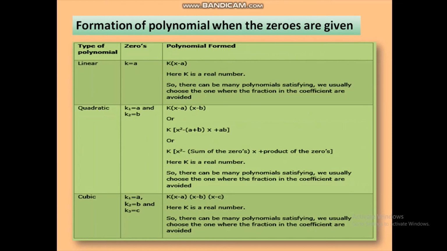If we talk about quadratic polynomial, we have two zeros, k1 and k2, as k1 is equal to a and k2 is equal to b.